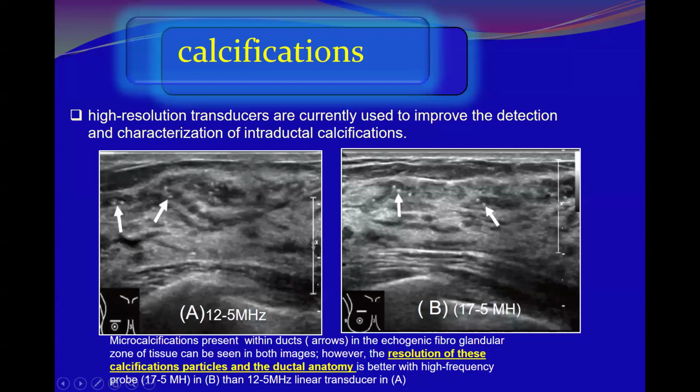Which one demonstrates better delineation of the calcification in these two images? Image B. Image B, yes, excellent.